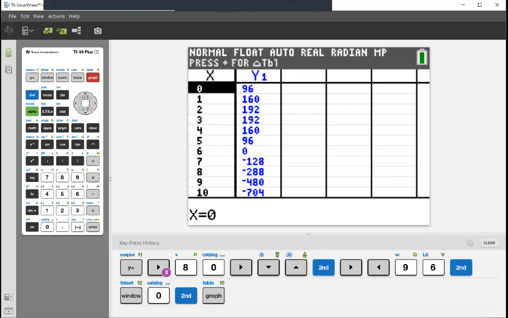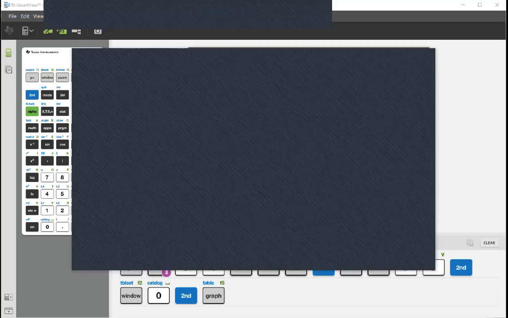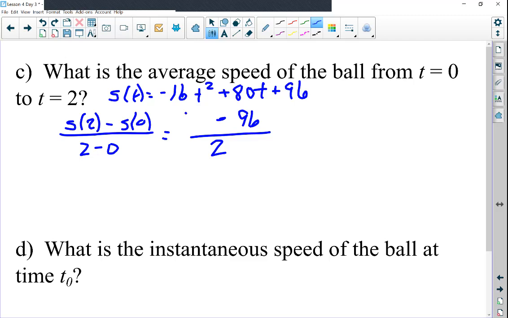So we'll put that in. And I think 192 minus 96 is 96.